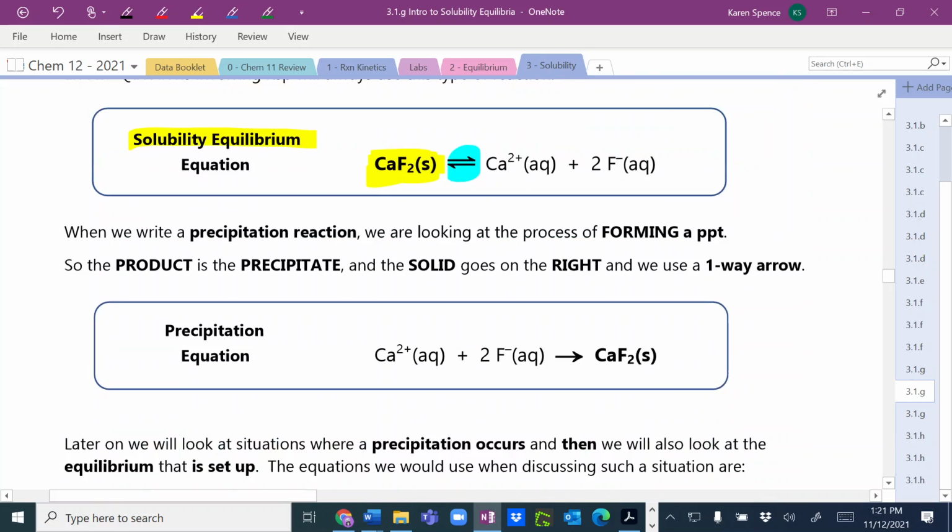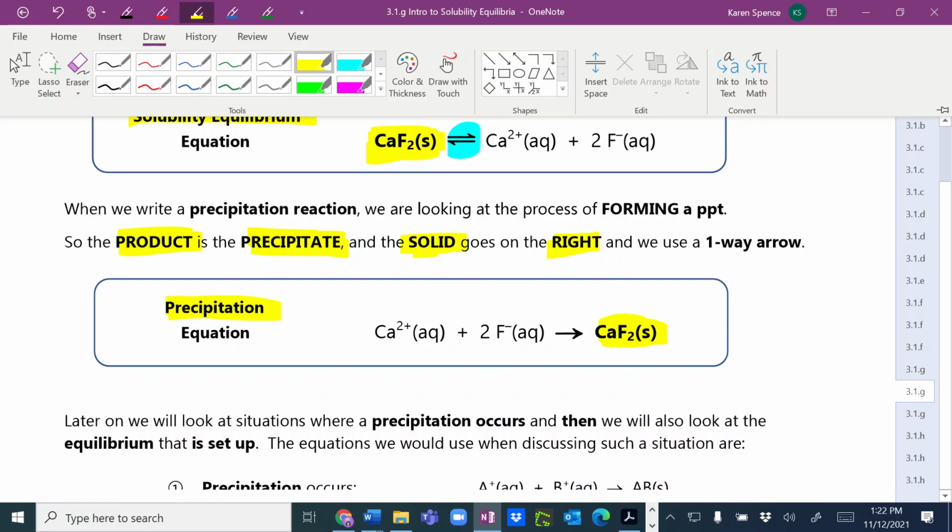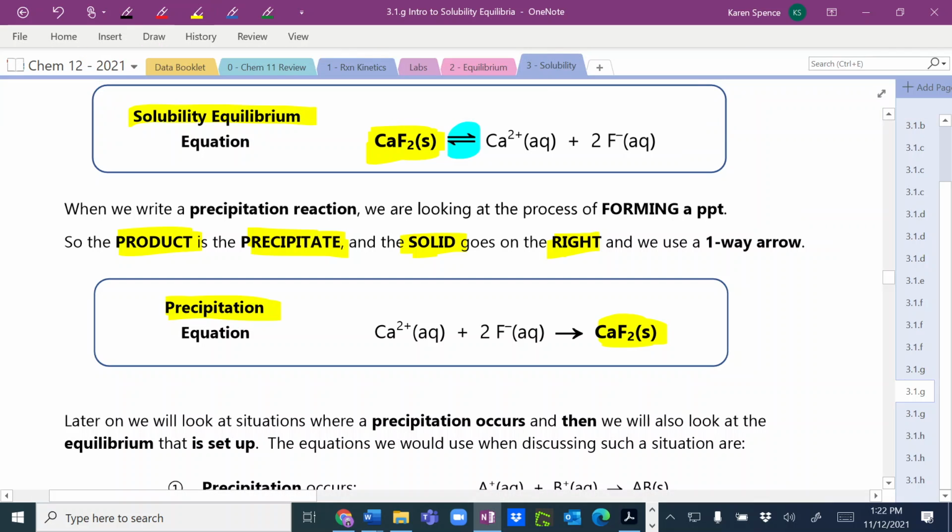But if we write a precipitation reaction, the product is the precipitate, and so the solid goes on the right. And for these ones, because we're not really concerned about what happens after there has been a precipitation, we just use a one-way arrow.